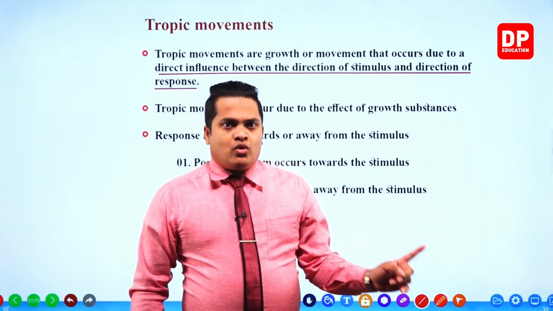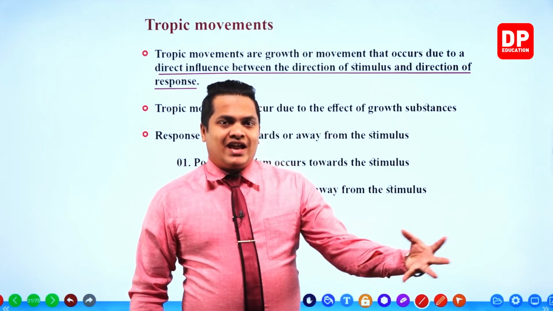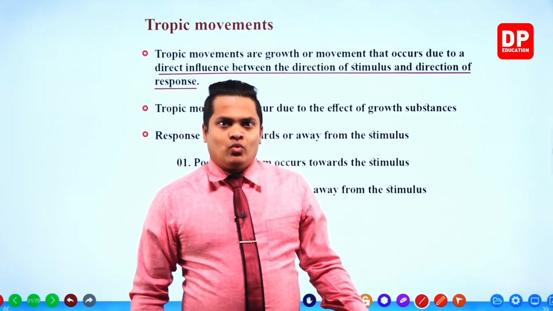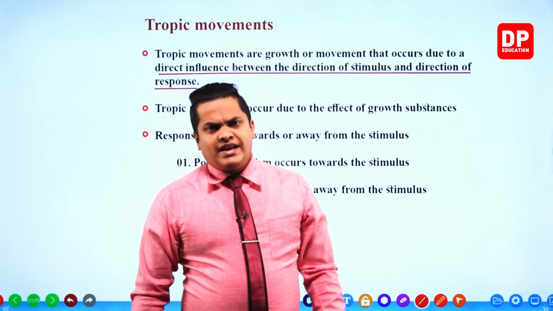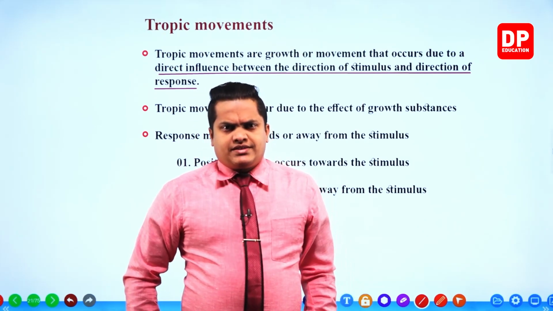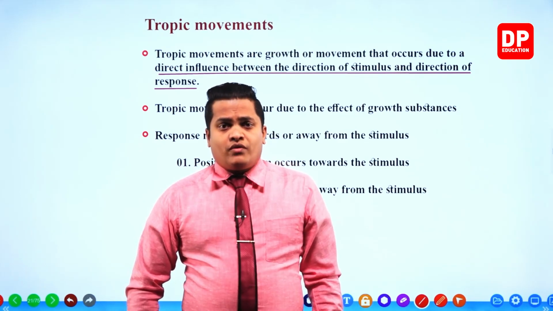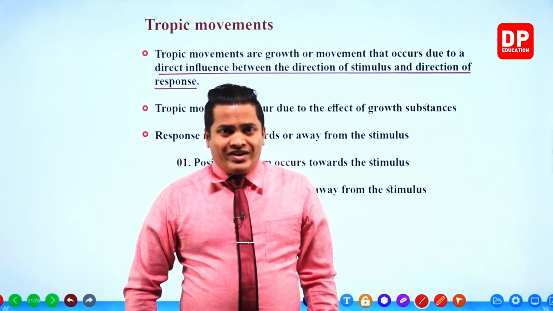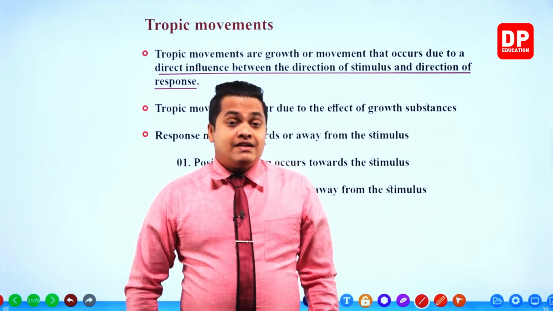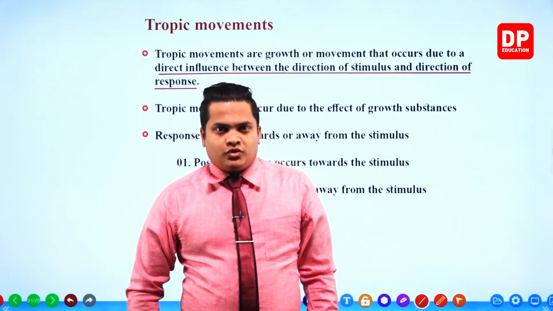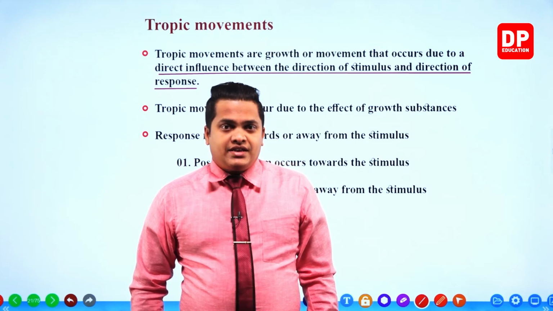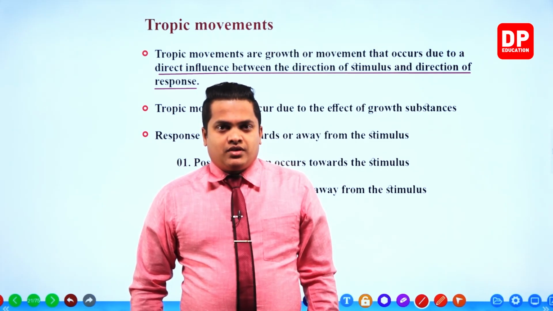Right? So that growing apex towards the light is a towards one. I can give you an away one as well, like this. The roots of the plant are always growing towards the ground and away from the light. Okay? Away from the light and towards the ground.